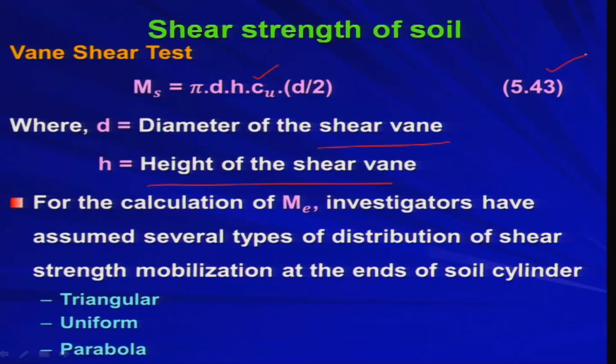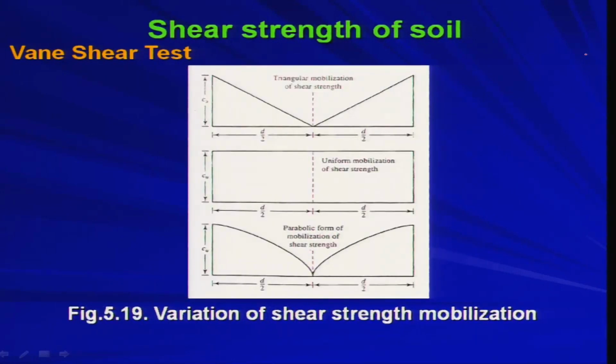Now, for the calculation of Me, investigators have assumed several types of distribution of shear strength mobilization at the ends of the soil cylinder, that is triangular, uniform or parabolic. If you look at this figure, the investigators came out with the interpretation that the shear strength is not getting mobilized the same way from the center of the torque rod.